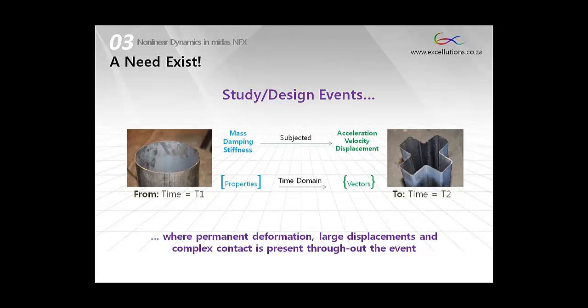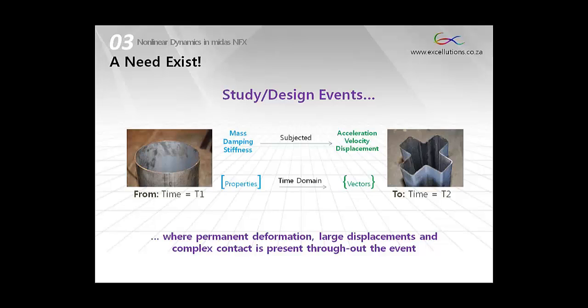We want to study events where the mass and the damping is now playing a much larger role than we initially would consider for a static analysis. The properties of our components that we want to evaluate is mass, damping, and the stiffness. And those properties are subjected to accelerations, velocities, and displacements.